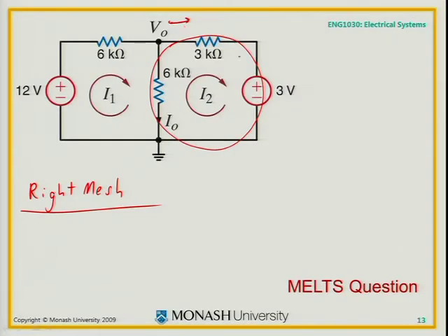So let's check, starting up here, going that direction. The current through the 3K resistor up the top there is I2, so it's 3K I2. I hit the 3 volt source into the positive first, so I'm adding 3, plus 6K times the current going up through the 6K resistor, which will be I2 minus I1, and I'm done.